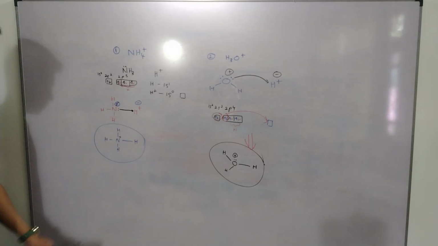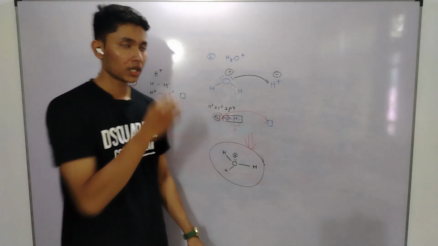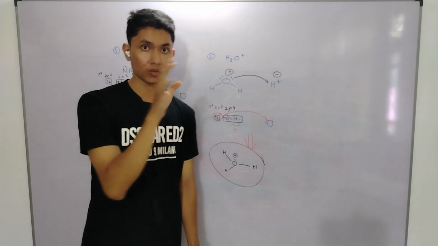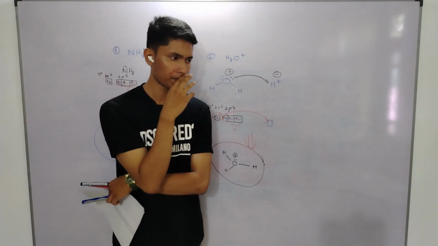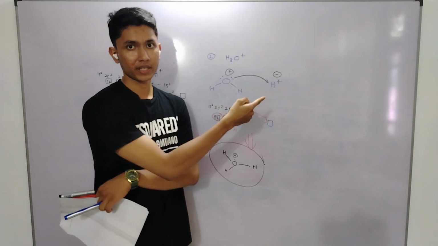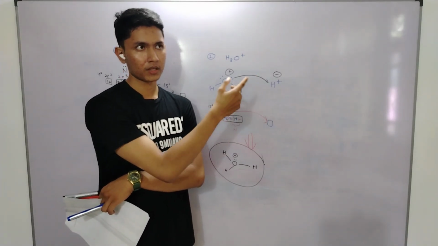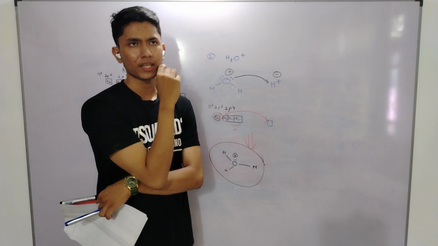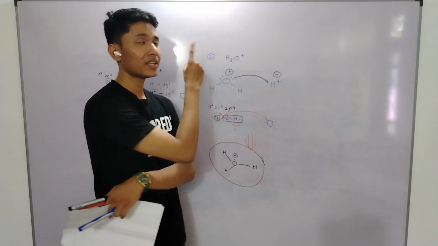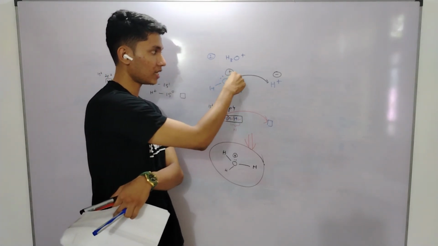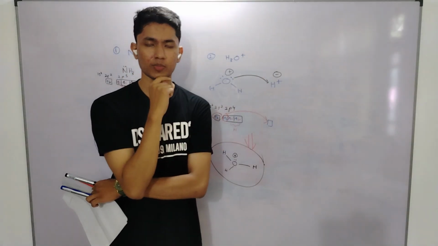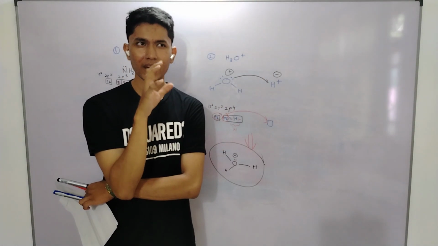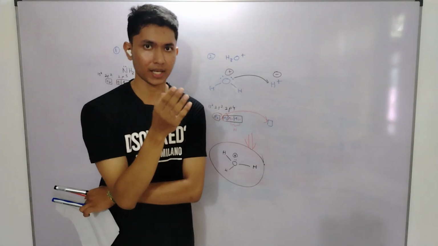Write this down. Okay, now this is the point here. Carefully, you might think he donated one pair of electrons to H plus, so he might donate the other pair to another H plus at the same time.